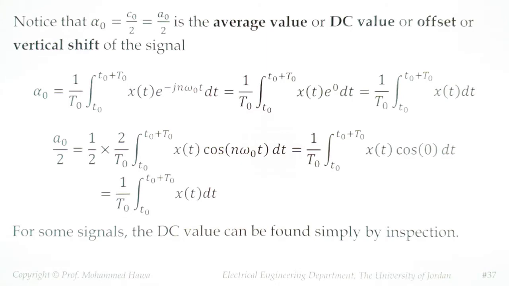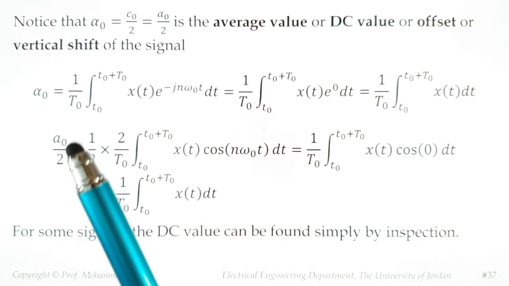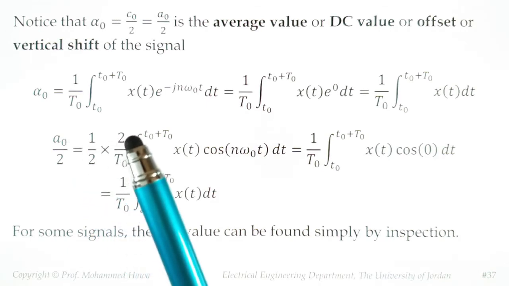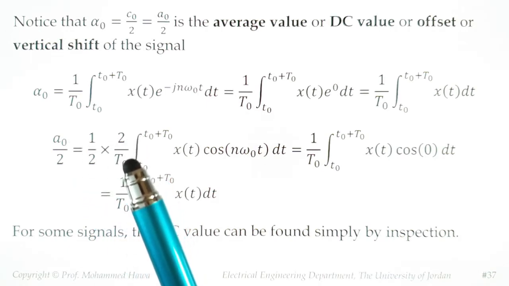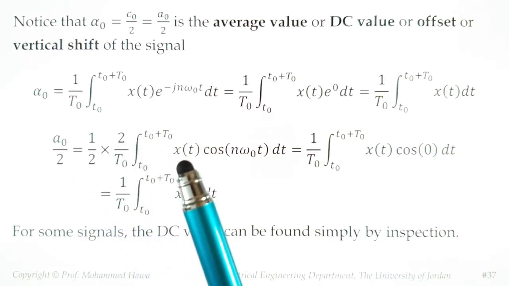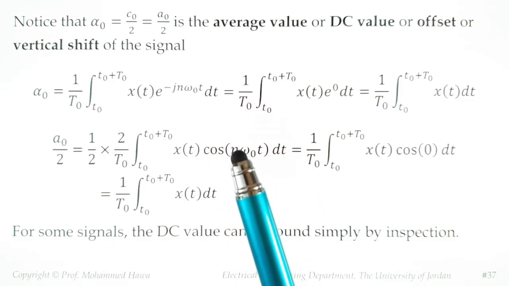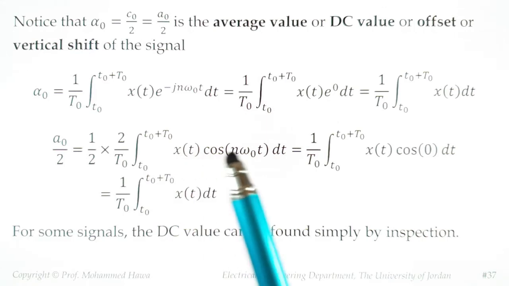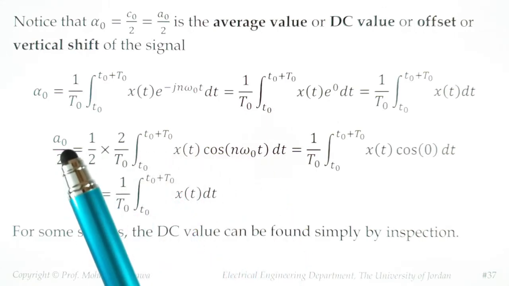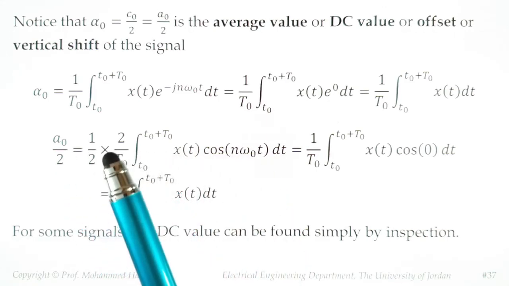Please remember, memorize that alpha naught is a special value called the DC value of the signal, or the average value of the signal. You could do the same thing if you calculate A naught over 2. How do I find A naught? A naught is 2 over T naught integral over 1 period x of t cosine n omega naught t dt, where I substitute n equals 0. This is the general equation to find an. Just put n equals 0, and you're going to get the value.